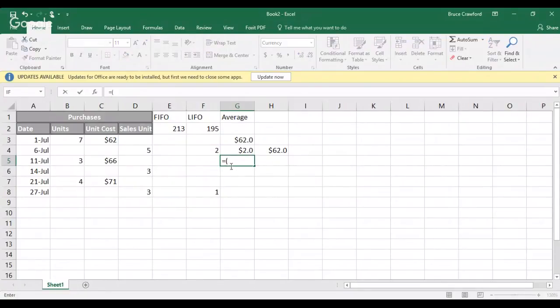So what we're going to do here is say 2 plus 3, the 2 units that we had left over, plus the 3 new units, divided by the average cost.